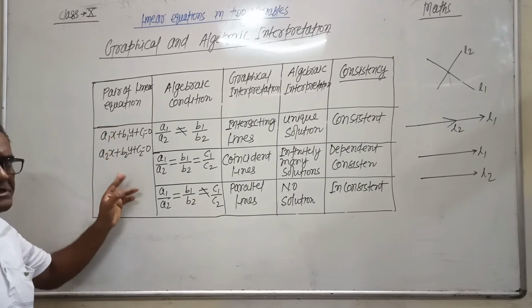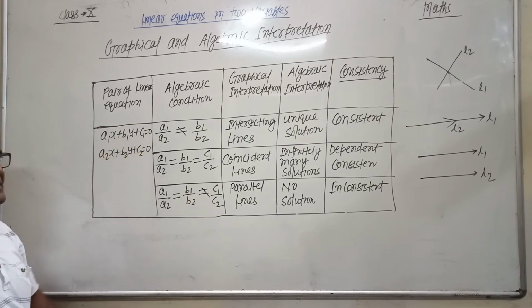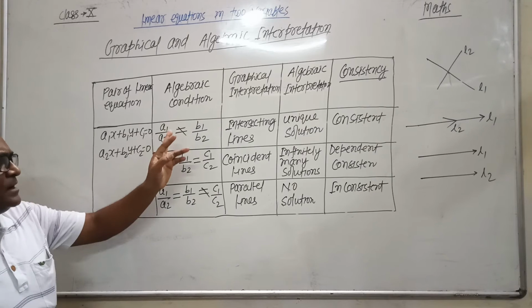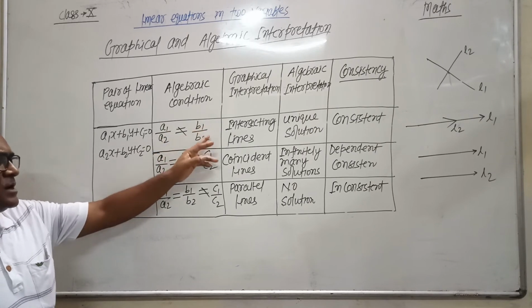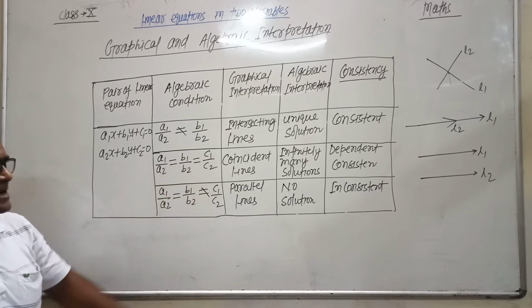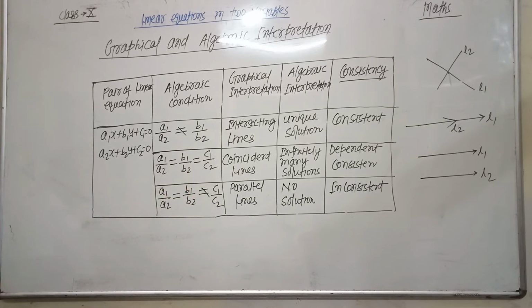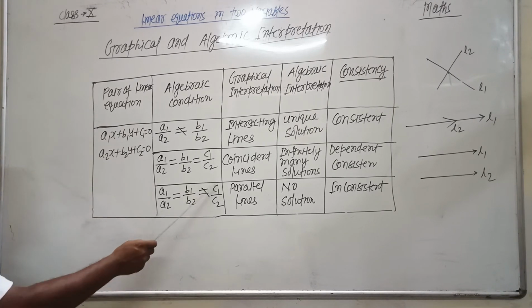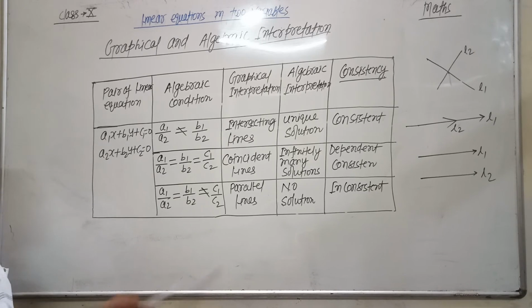Given a pair of linear equations a1x plus b1y plus c1 equals 0 and a2x plus b2y plus c2 equals 0, the algebraic conditions are: a1 by a2 is not equal to b1 by b2; a1 by a2 equals b1 by b2 equals c1 by c2; and the third is a1 by a2 equals b1 by b2 is not equal to c1 by c2.